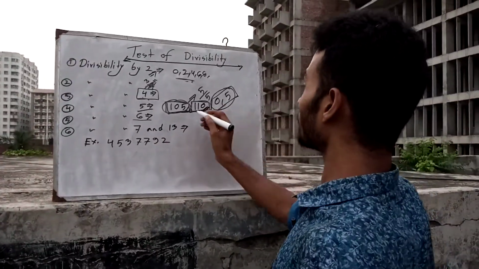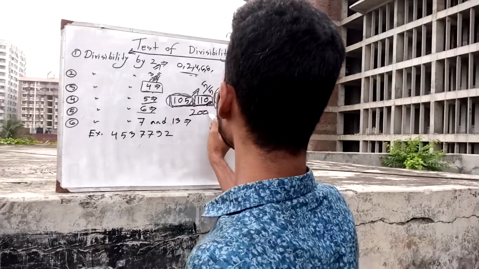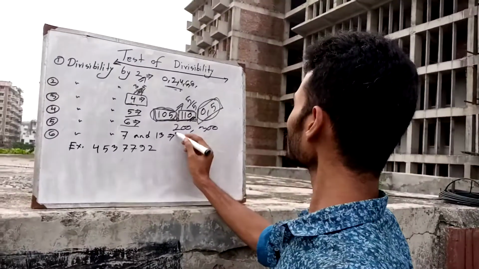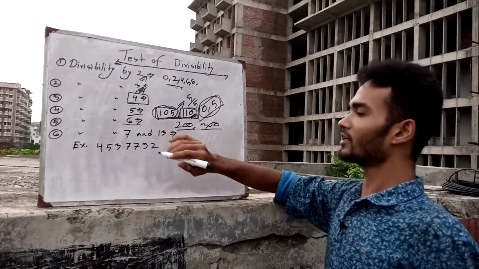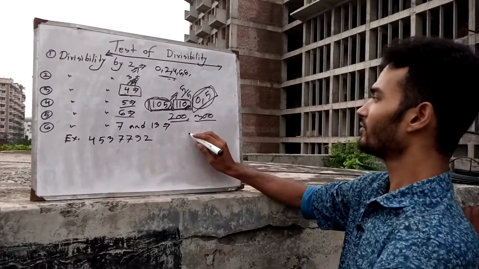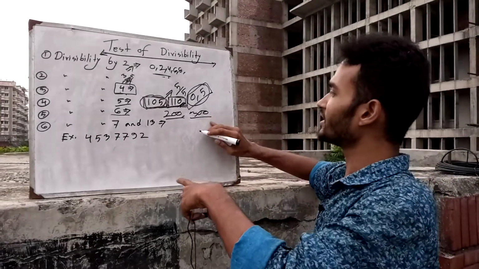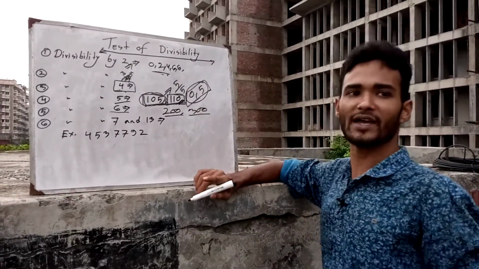Considering a number like 200 or 300, a number can be divided by 6 if the sum of all the digits of the number can be divided by 6.